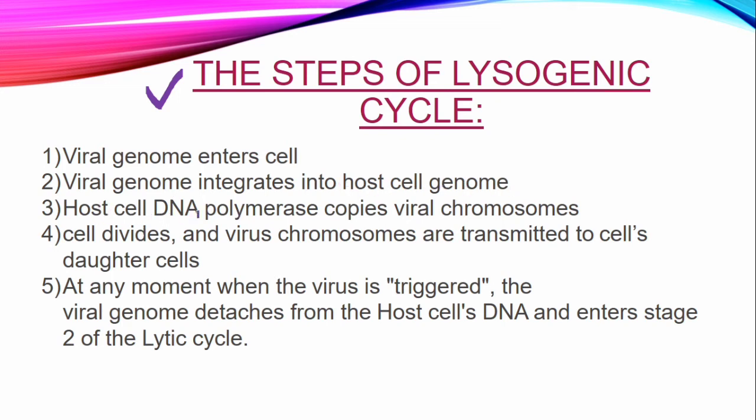Host cell DNA polymerase copies the viral chromosomes. The cell divides and viral chromosomes are transmitted to daughter cells. At any moment when the virus is triggered, the viral genome detaches from the host cell DNA and enters stage 2 of the lytic cycle.